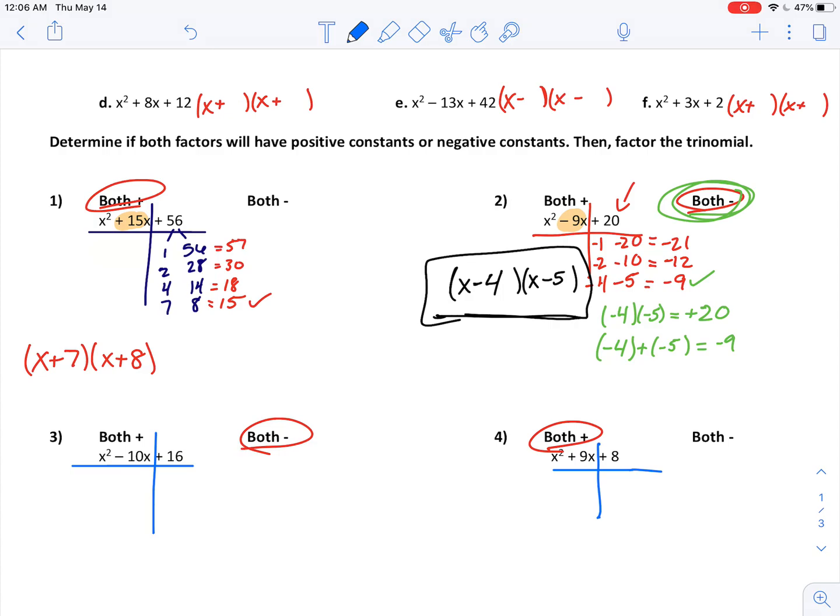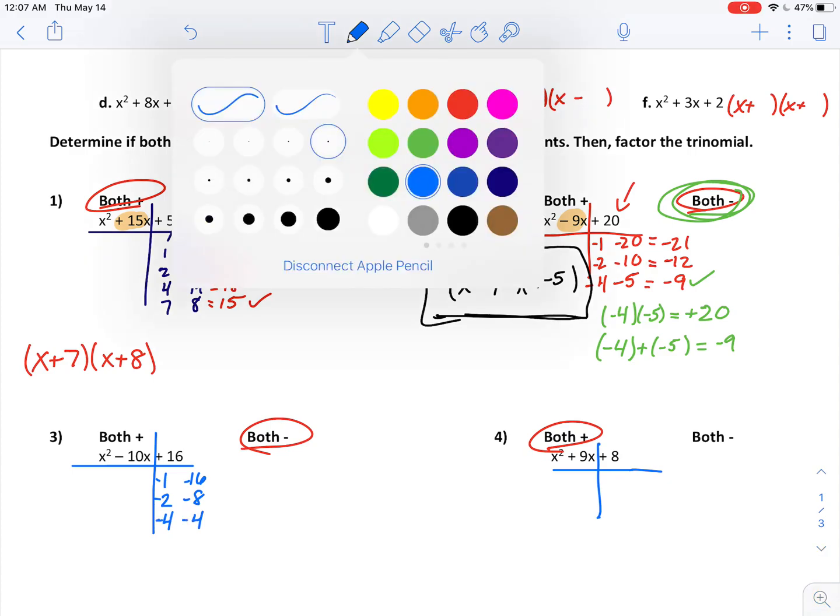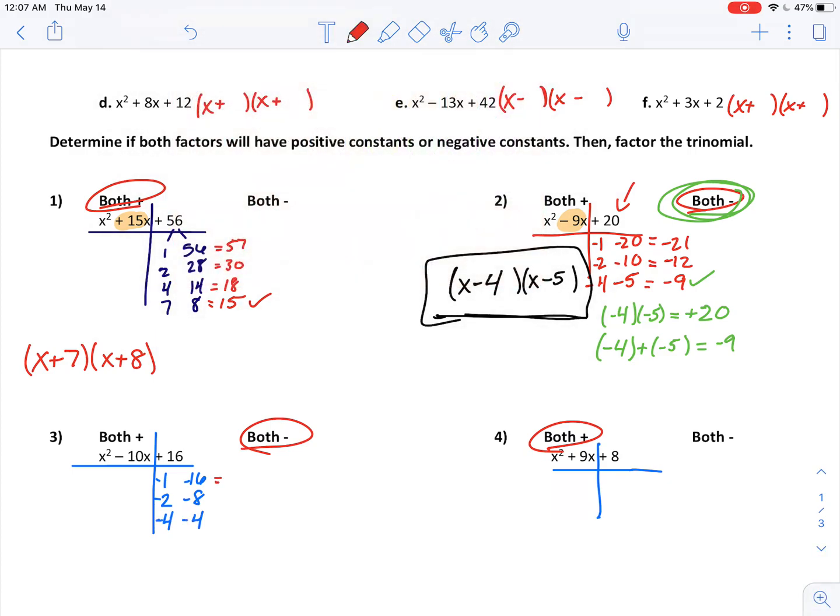Let's see what two numbers multiply to get 16. Well, 1 and 16, 2 and 8, 4 and 4. So what pair is going to subtract to a negative 10? Well, if I make all these negative, just to try it out, I get negative 17, negative 10, and negative 8.